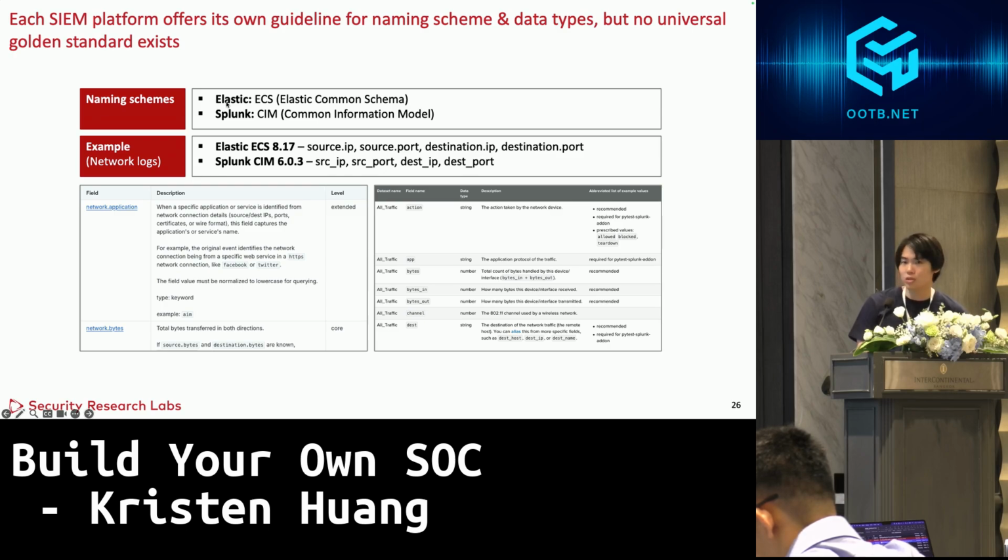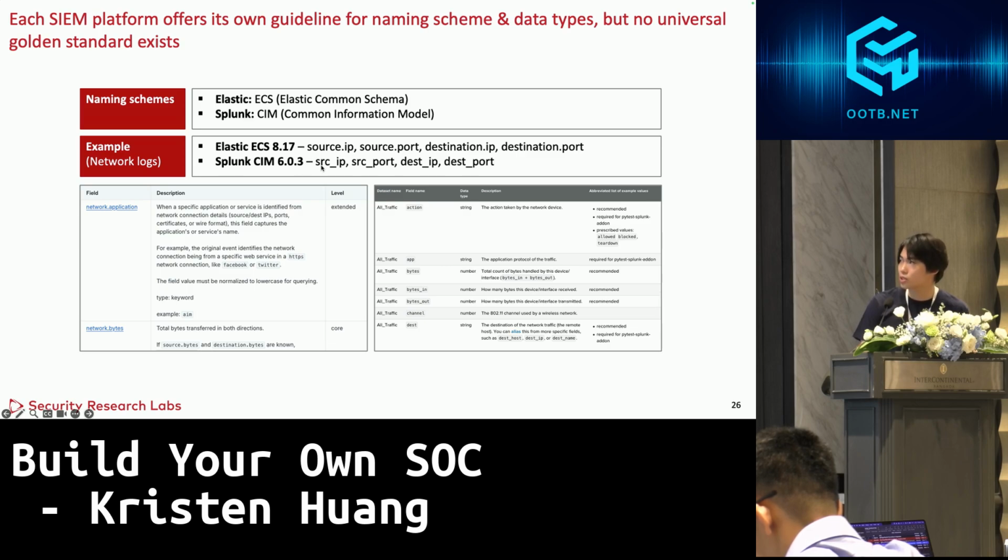For example, if you are using Elasticsearch for your SIEM, you need to refer to the Elastic Common Schema. And if you are using Splunk, you need to refer to the CIM, the Common Information Model. You can look up their official website to check what the requirements or specifications are for different types of logs. For example, if you're using Elasticsearch, then source IP should be named source.ip.